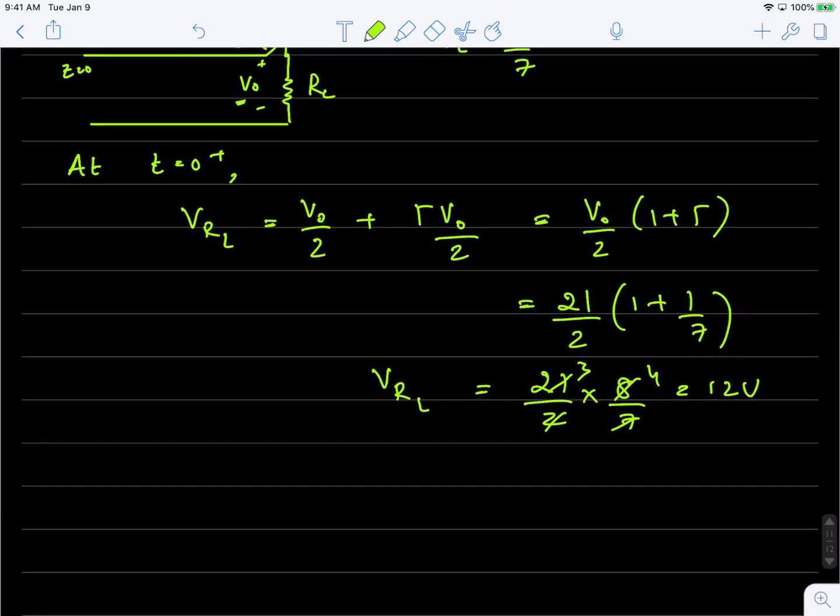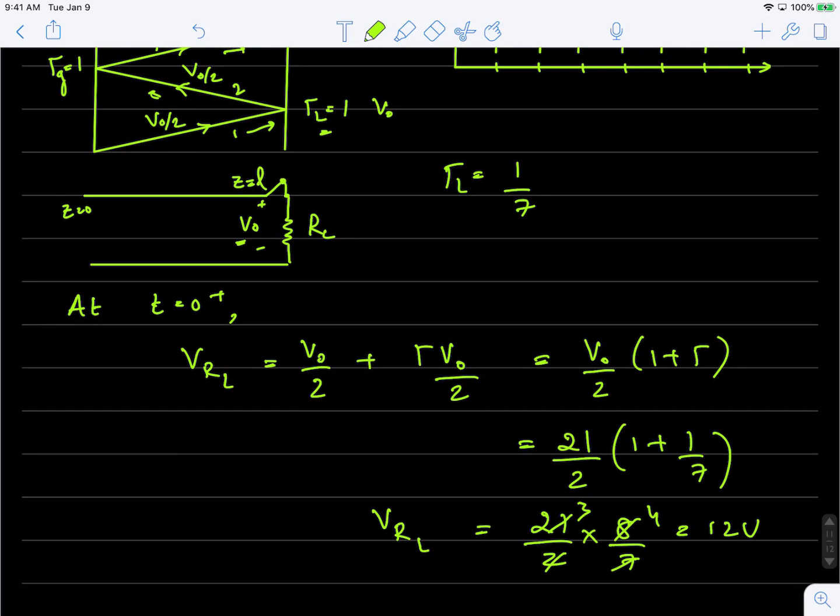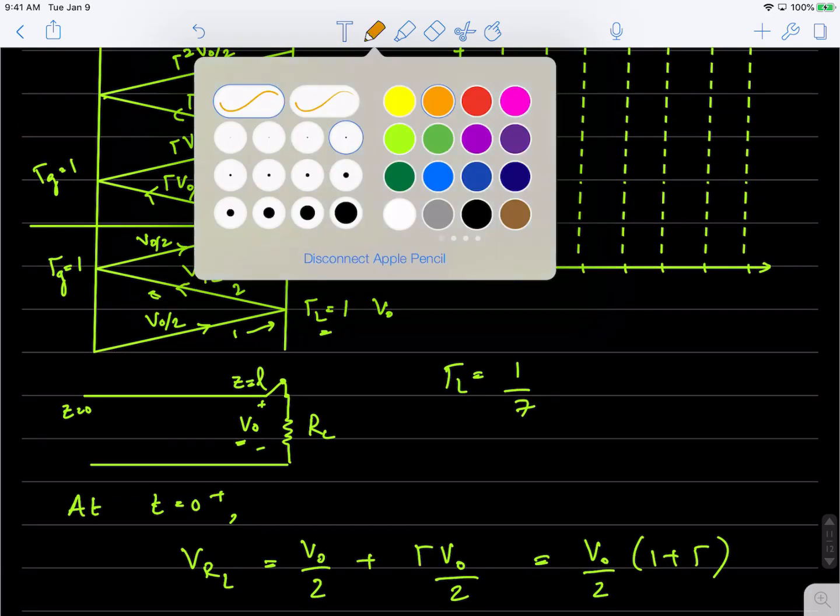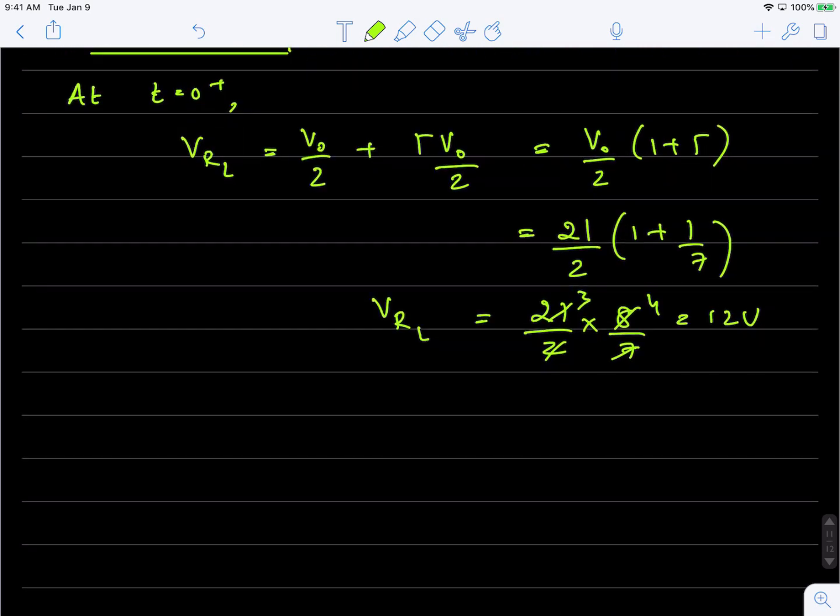Okay, now what happens, so even before we draw, let's just go further and calculate all the voltages.